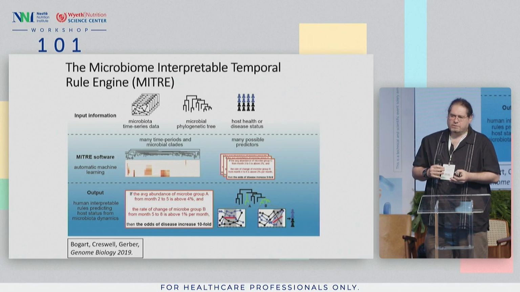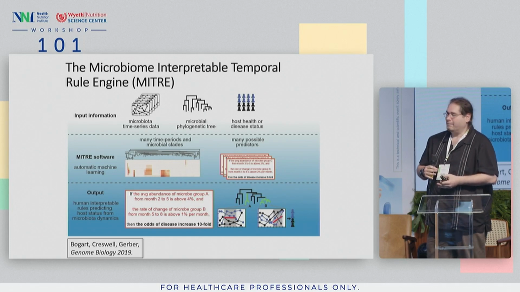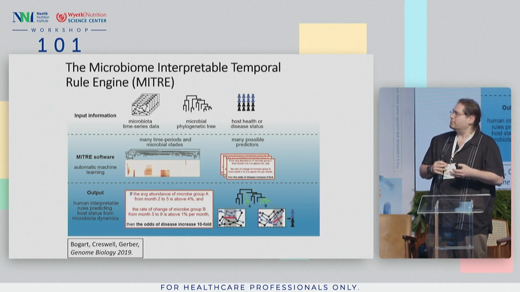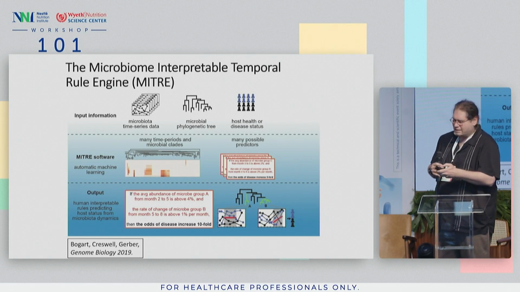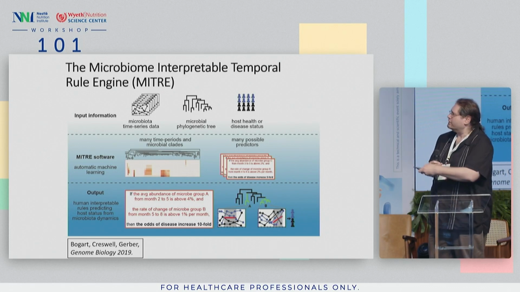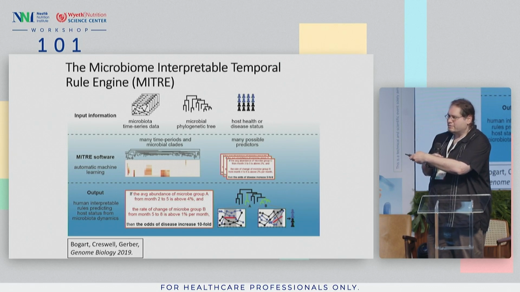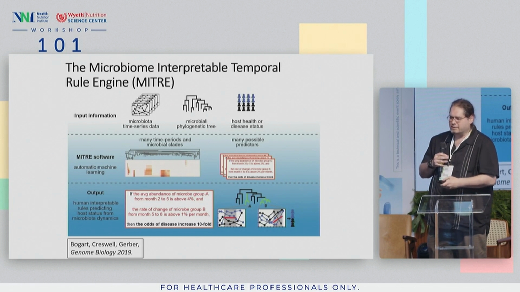So we developed a few years ago a system that we call MITRE for short, or the Microbial Interpretable Temporal Rule Engine for the long term. And what goes into that system are 3 inputs. We have a time series or longitudinal microbiome data. We also take into account the phylogeny or evolutionary relationships in the microbes.